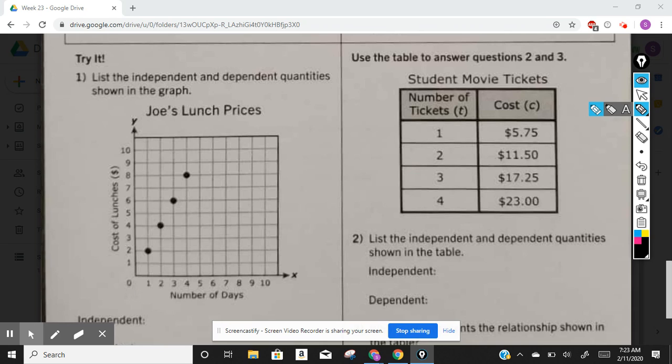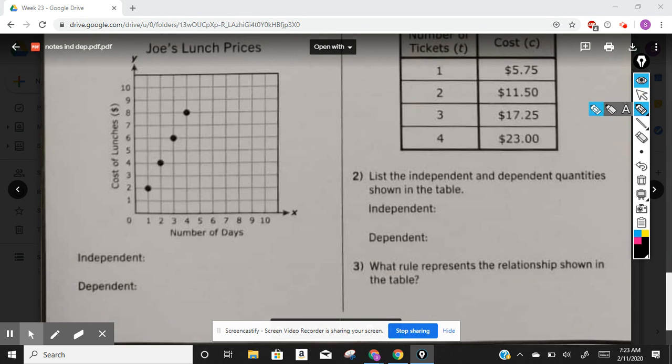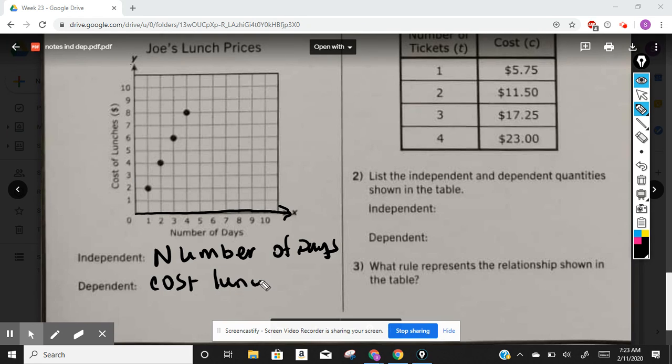Now, anytime they give you a graph, your independent is always going to be your X. So remember, X is the flat line, horizontal, X, so number of days, and Y is always your vertical line, or your Y-axis will give you your dependent, which is cost of lunches. And if we think about this, his cost of lunches depends on the number of days. I should put the word of right there. Cost of lunches. Okay, make sure you pause if you need to.